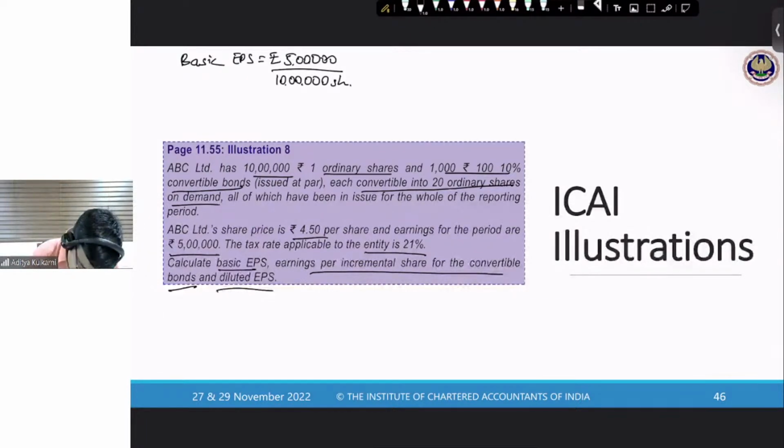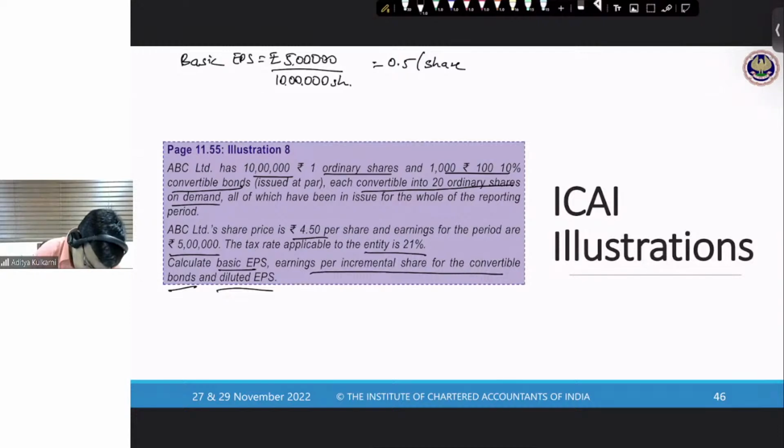So that comes to 0.5 per share. Excellent. So we have already calculated all the impacts. Okay. All right. So basic EPS is 0.5. It's not even a two-line answer.